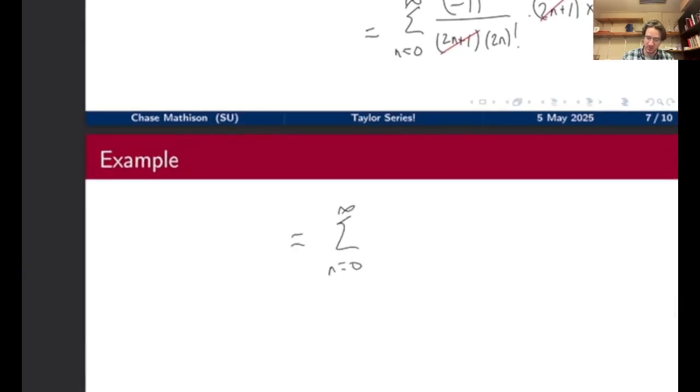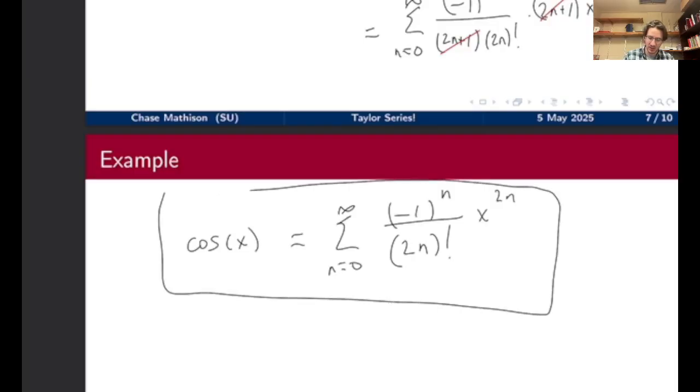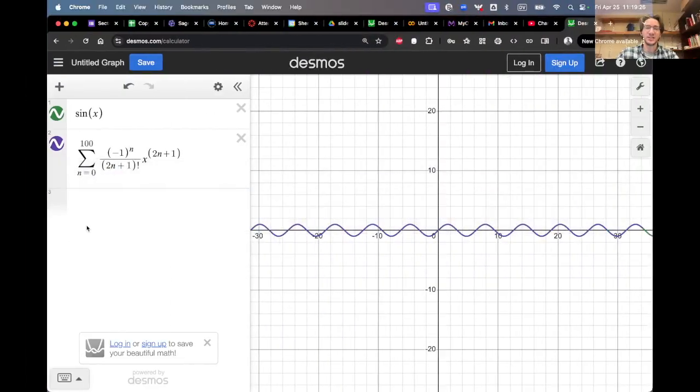This is the sum n equals 0 to infinity of minus 1 to the n over 2n factorial times x to the 2n. Because we got this from the power series for sine of x, the radius of convergence is the same. And because the radius of convergence is infinite, that means that the interval of convergence is also minus infinity to infinity.